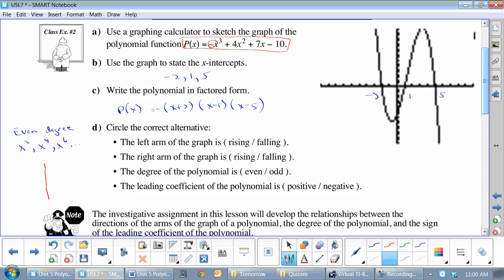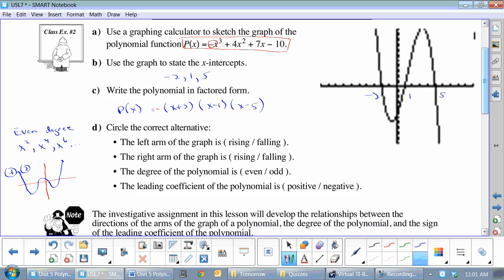Now, just draw a graph underneath. I'm going to give you all the rules that you need to know on where to start and where to end. Now, if you have an even degree that is positive in the front, so even degree positive will always start in 2 and end in 1.